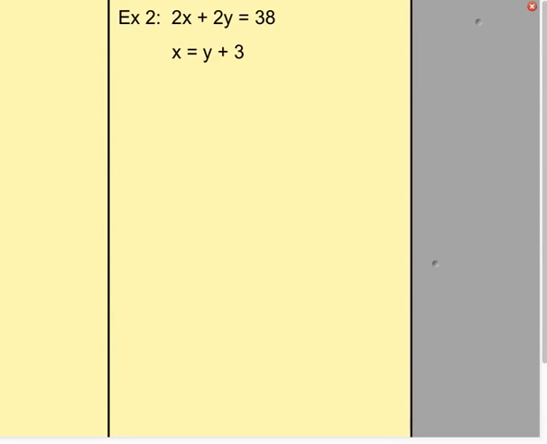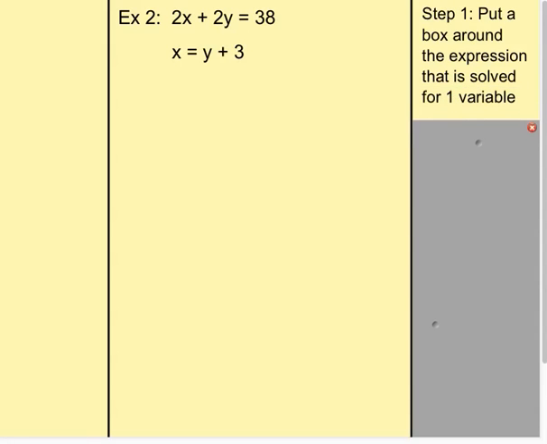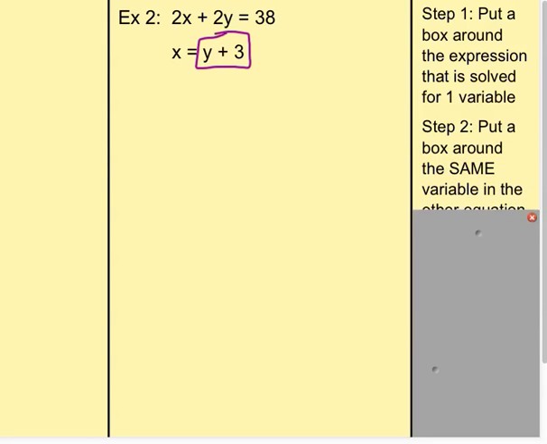Let's take a look at another example. Again, step 1, we want to put a box around the expression that is solved for one variable. Looking at my second equation, I've got x equals y plus 3. Step 2, put a box around the same variable in the other equation.